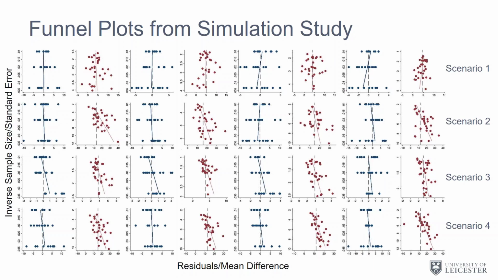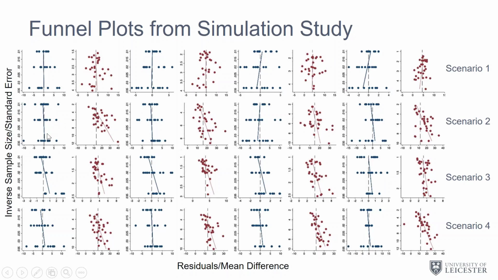But in scenario 2 here, where we had a baseline risk interaction but not publication bias, we can see the superior performance of the new approach, where the regression lines are much closer to the vertical than they are in Egger's test.